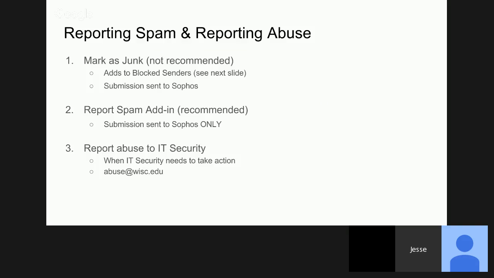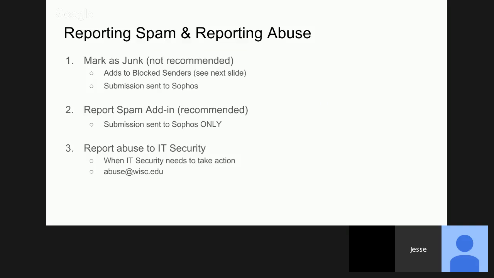Okay, so reporting spam and reporting abuse. There are lots of ways to do it. They're slightly different. So Microsoft has a built-in feature called Mark as Junk. That's built into the web client, and it's built into Outlook. We don't recommend this. It does two things.